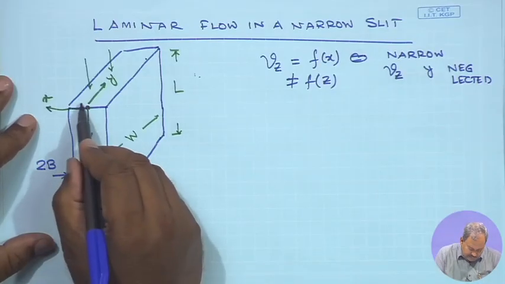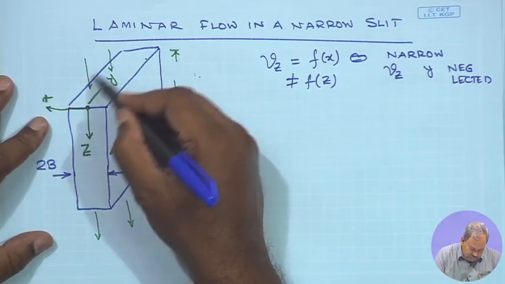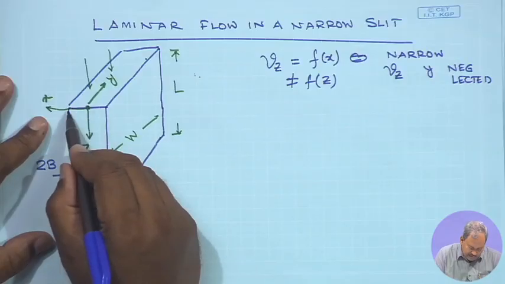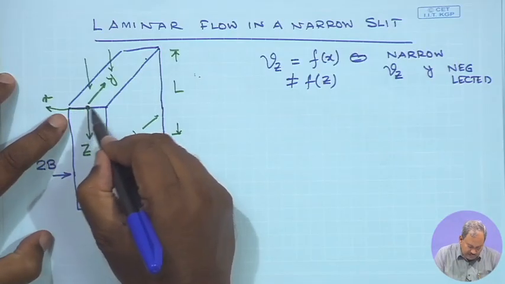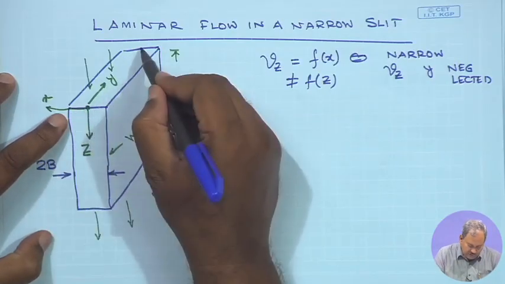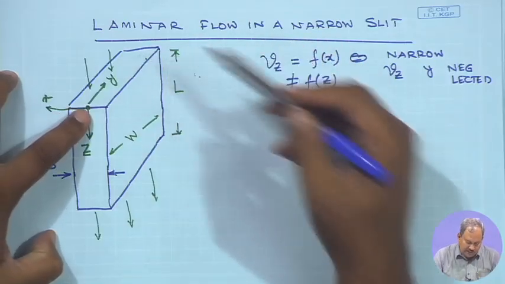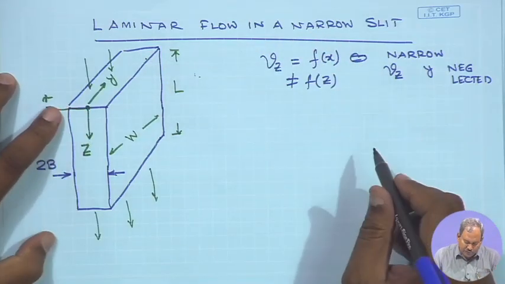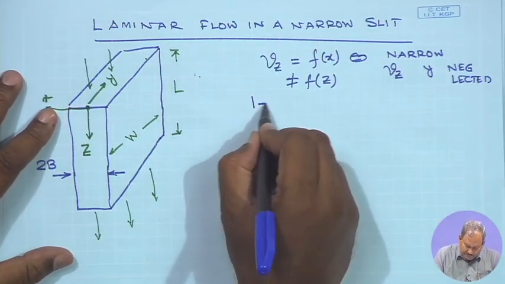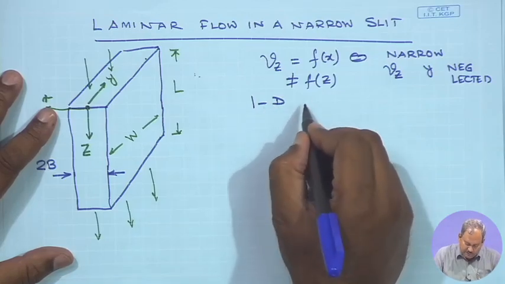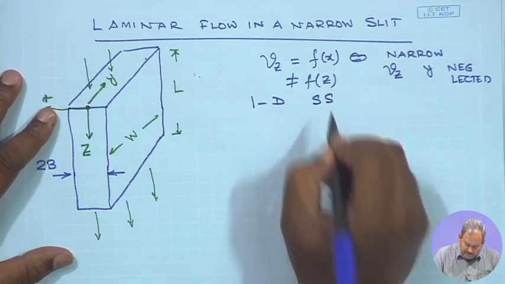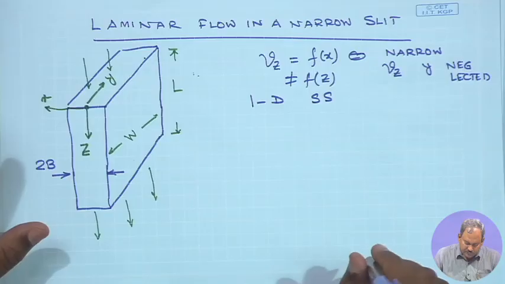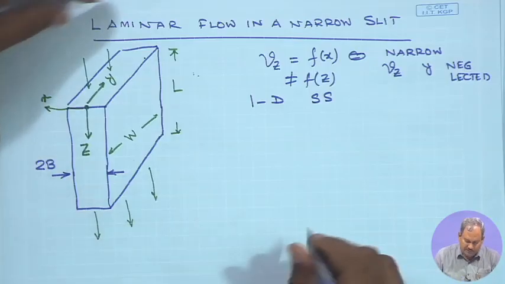What you mean to say is that this is too long compared to this gap. So, therefore, what happens near y equals 0 or at y equals w, that portion can be neglected. So, the flow is principally one dimensional, and it is a steady state case. So, these are our assumptions.